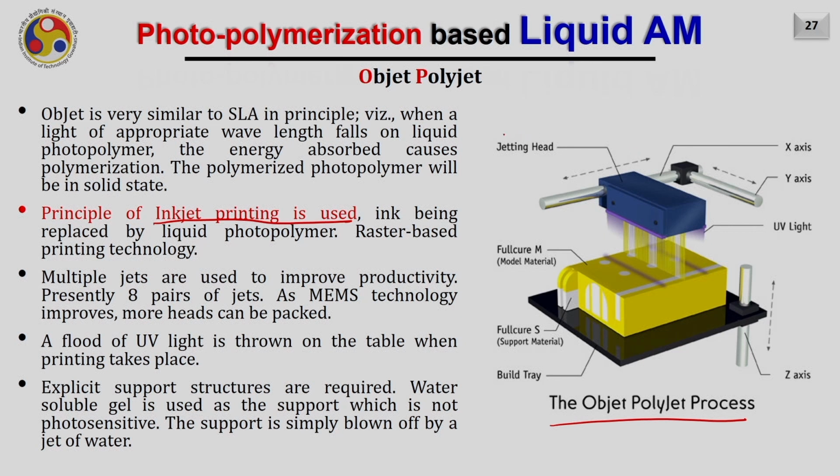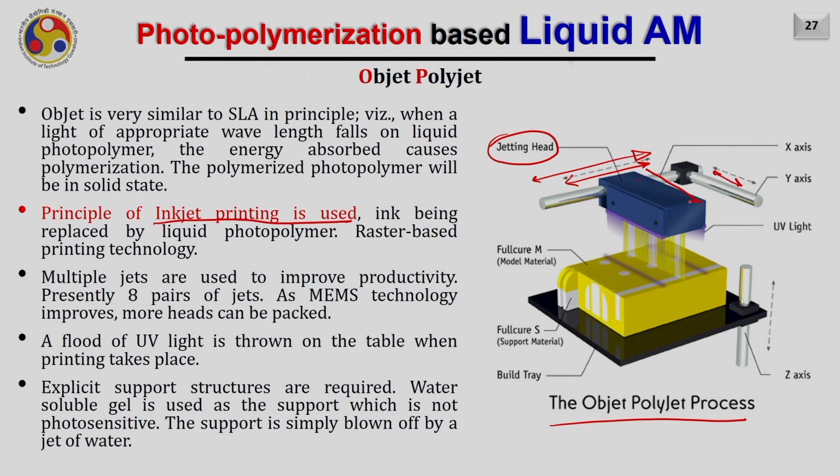So this is the jetting head that you are seeing here. It is mounted on two axes, this is the X axis and this is the Y axis. The head moves back and forth like this.